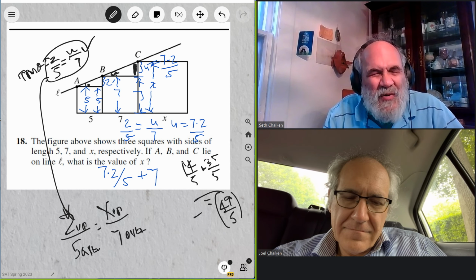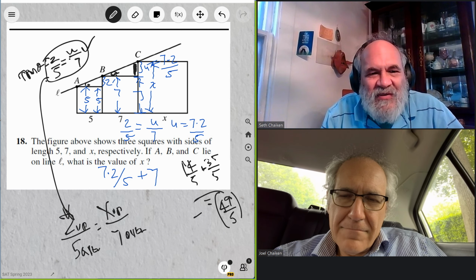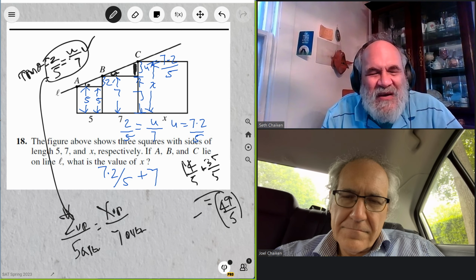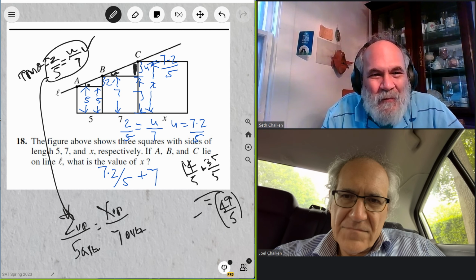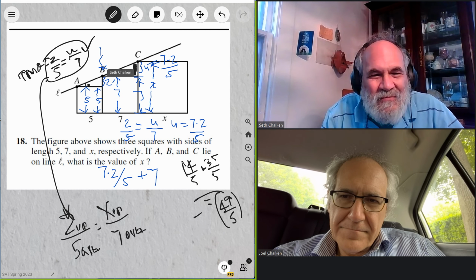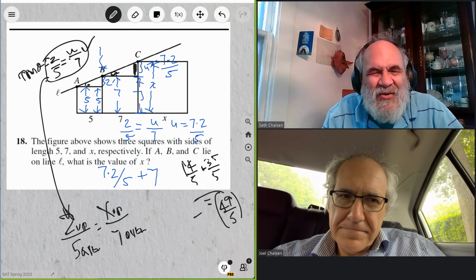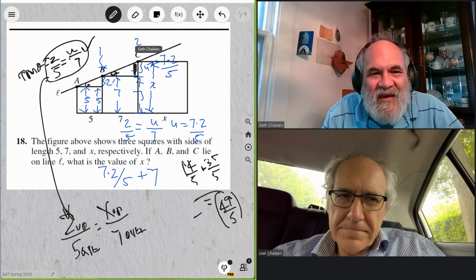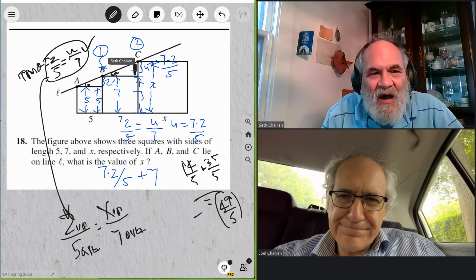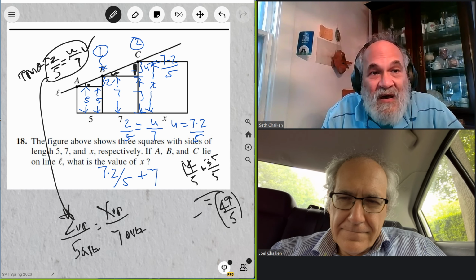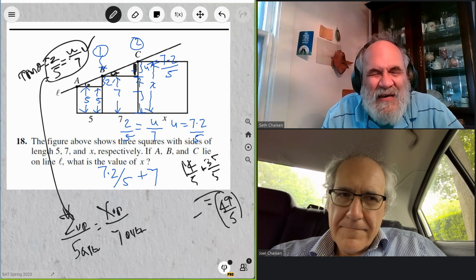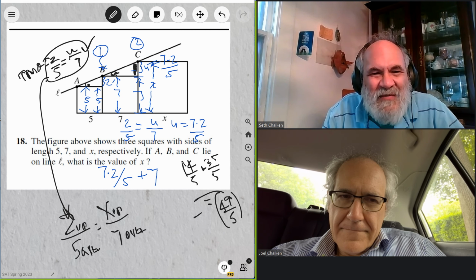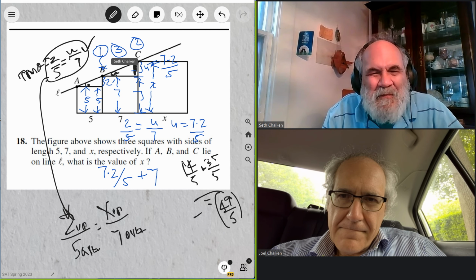I would figure out each of the steps. Getting the 2 from here is one step. Marking off that you need to find out what u is would be a second step. 2 to 5 equals u to 7 would be a third step.